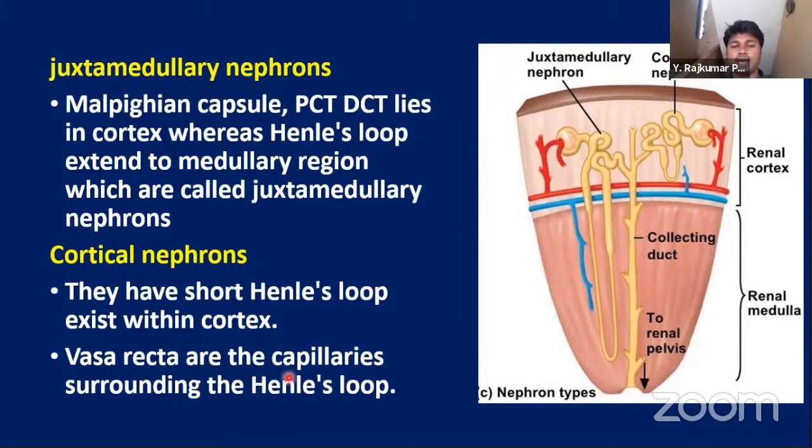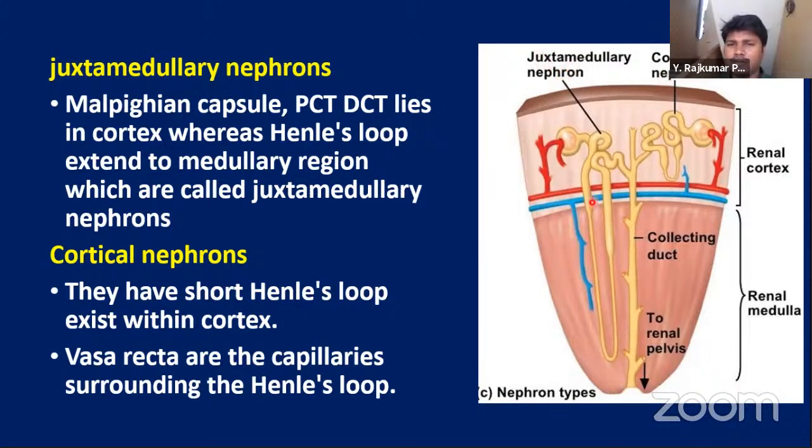Vasa recta are the capillaries surrounding the Henle's loop. Here you can see another nephron which is very short. In it you can find a short Henle's loop, and the Henle's loop is present only within the cortex region, hence it is called a cortical nephron.